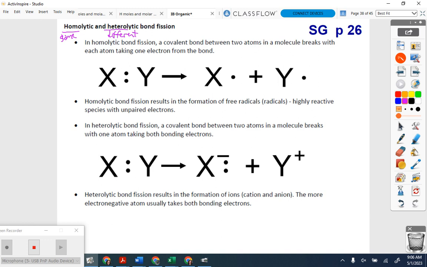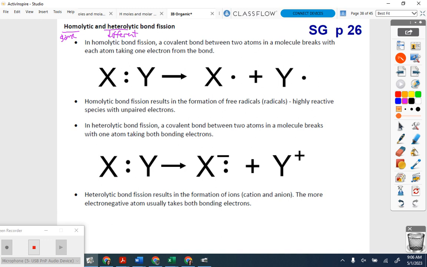So, in a homolytic fission, both atoms end up with the same number of electrons from the bond. The chemical bond, in the case of a single bond, is 2 electrons that are shared. When we have homolytic fission, each atom takes 1.